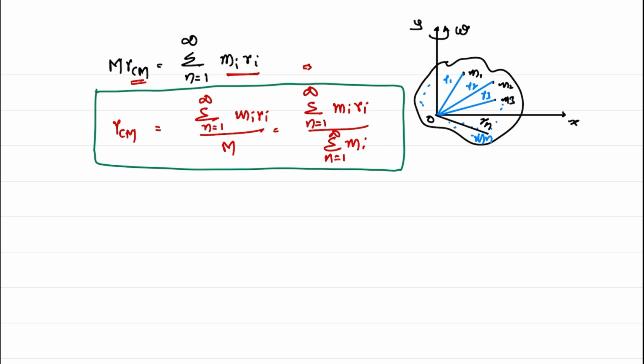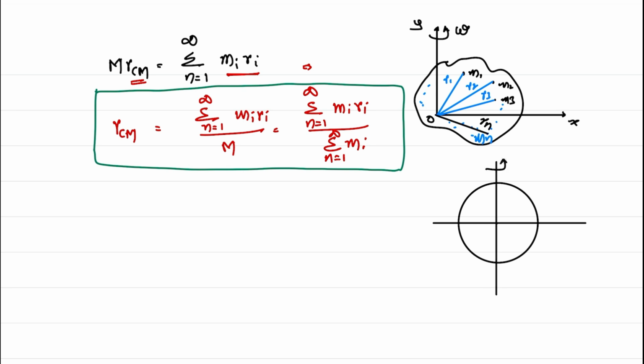Now, if I don't put the absolute values, what happens? Positive and negative will get cancelled. Say some disk is there, and this is the origin, the center, and about the origin I am taking the axis of rotation. Please try to understand this, a very important concept.